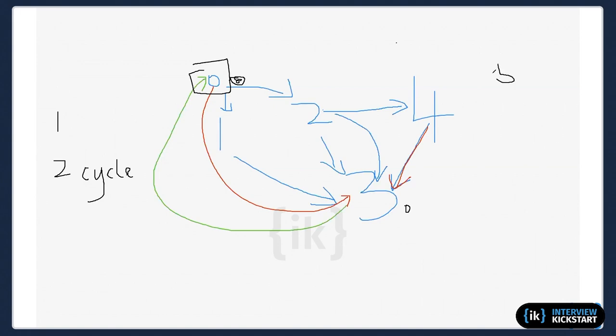Let's say I have another one, 5, 6 here. Though there's no cycle, definitely this one cannot reach the 3. So this is also not a correct answer. I just have one component.